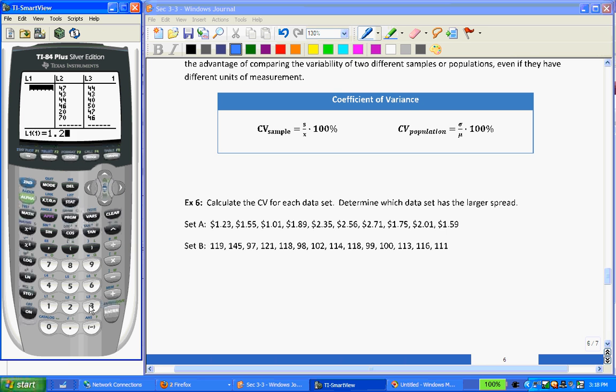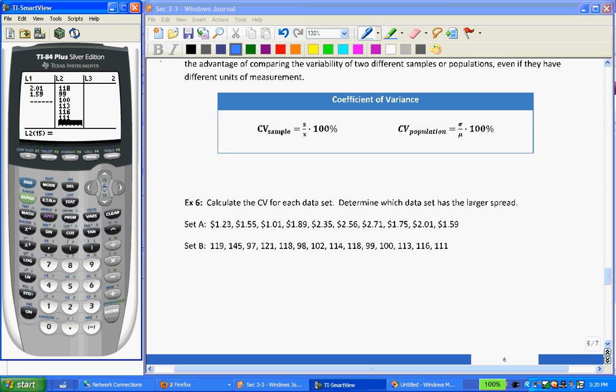So we have 1.23, 1.55. Okay, so there's my first list entered in. I'm just going to do these at the same time. And 119, 145. Okay, so I have both of my data sets listed.